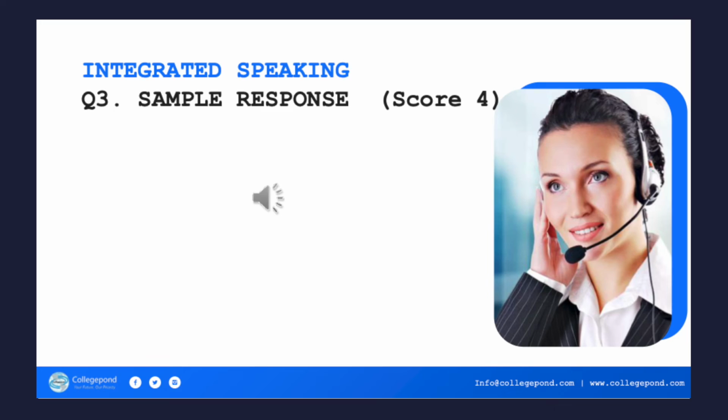Let's try and understand how this student got a score of 4 on this test. In this lecture, the professor gives two examples to illustrate the principle of audience effects. One of them is tying the shoes and the other one learning to type. So in the experiment where two groups of students were asked to tie their shoes, the first group was told that they would be observed, and the other one was not told so.